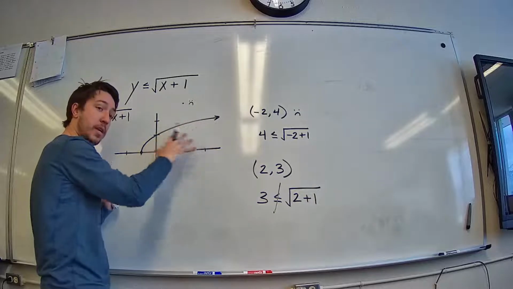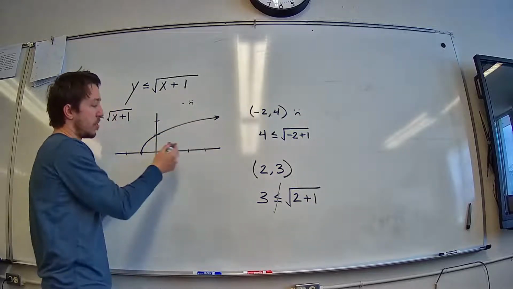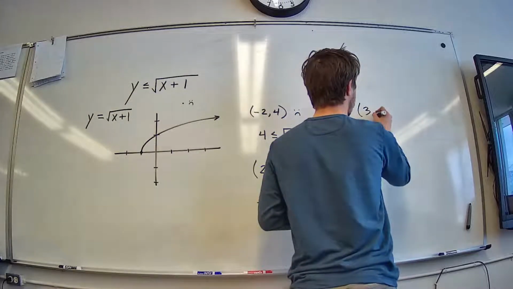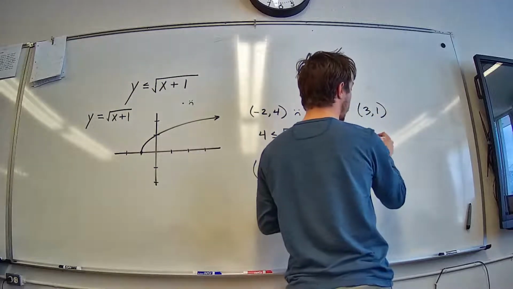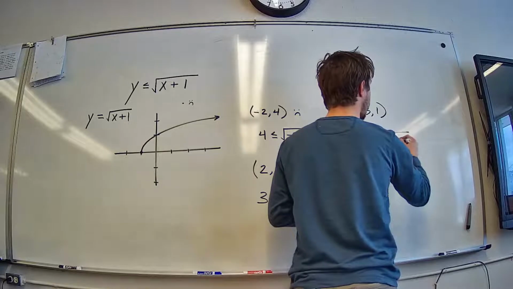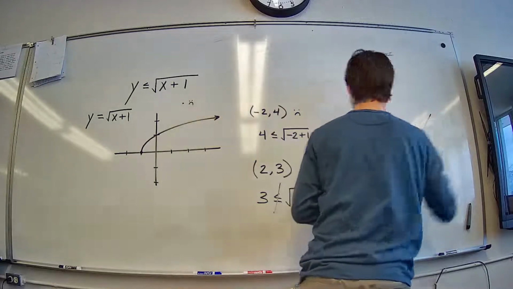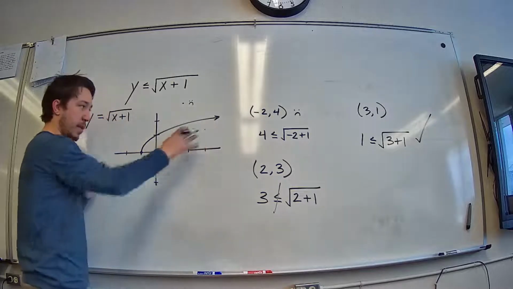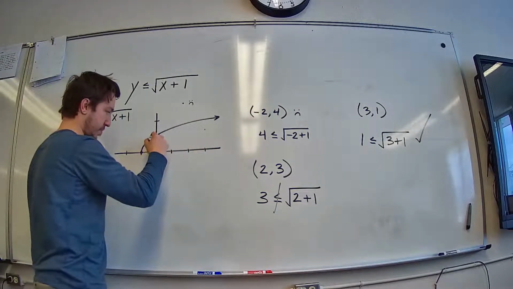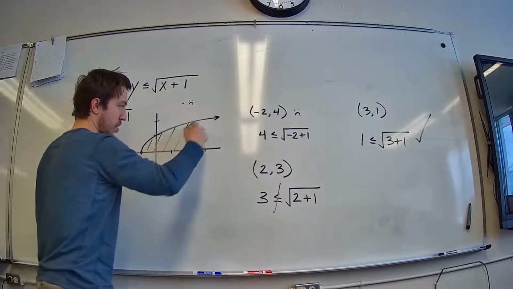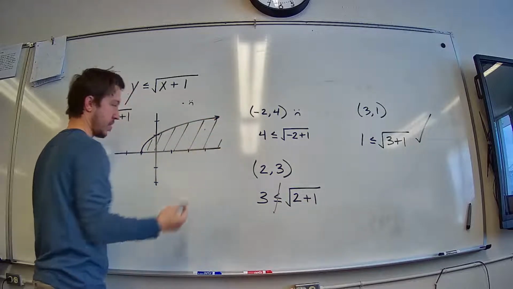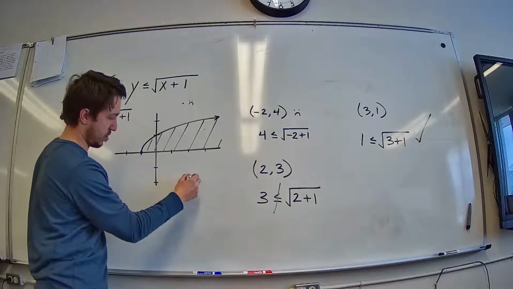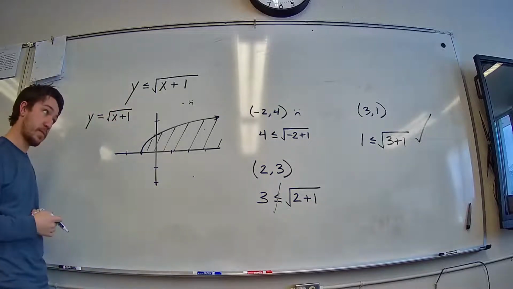Now, I'm definitely interested in this zone here. So how about a point like 3, 1? True or false? Is 1 less than or equal to the square root of 3 plus 1? Yes, that is true. That tells me that this zone is good. But wait, how about points like down here? Do those work?